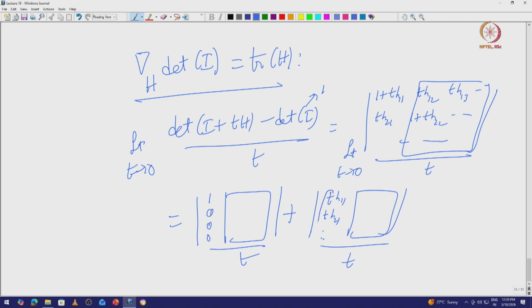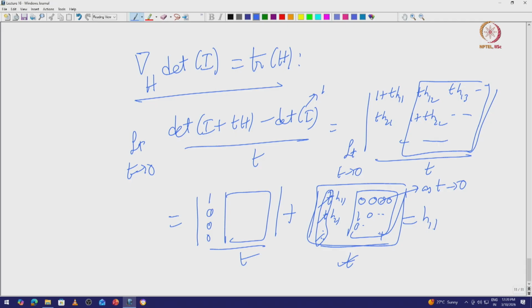Now these t's will pull out, and they'll get cancelled with this t. As t goes to 0, this will go to what? It will go to 0, 0, 0, 1, 0, 0, and so on. This will be just the identity matrix. So this determinant is simply H11.